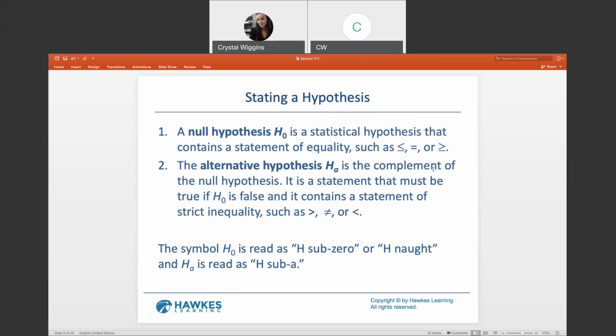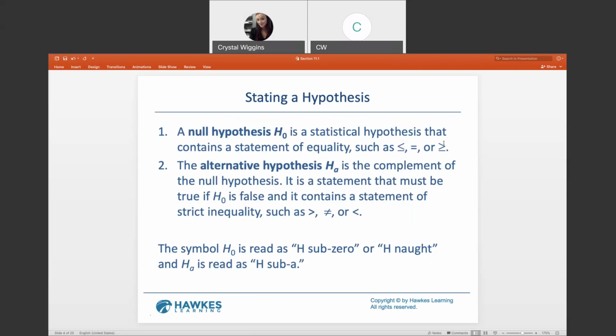The alternative, denoted by H sub A, is the complement of the null. It is a statement that must be true if the null is false, and it contains the complementary symbols. So notice if we have less than or equal to, the complement would be greater than. And if we have a strictly equal to, the complement would be not equal to.